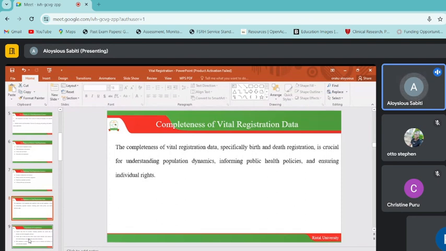So, if you are registering, especially, I would use a health facility example all the time, because I think most of us have an idea of how the health facility setup is.